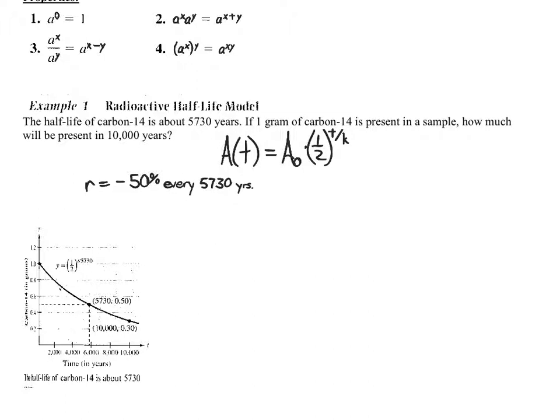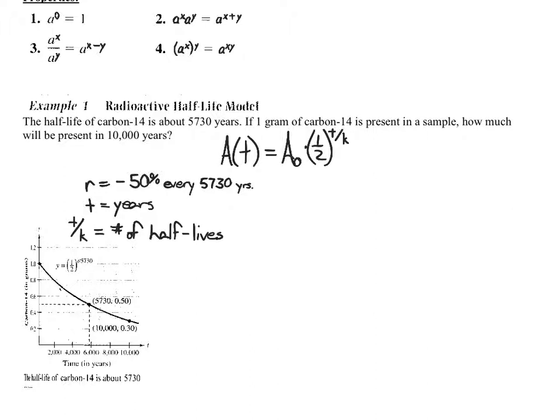T was in years. Okay? So if I do t divided by k, that gives me the number of, and I don't know if this is even technically a word, half-lives. I think it's half-lives. Okay? So we're basically just converting our unit of time into half-lives instead of years. All right?